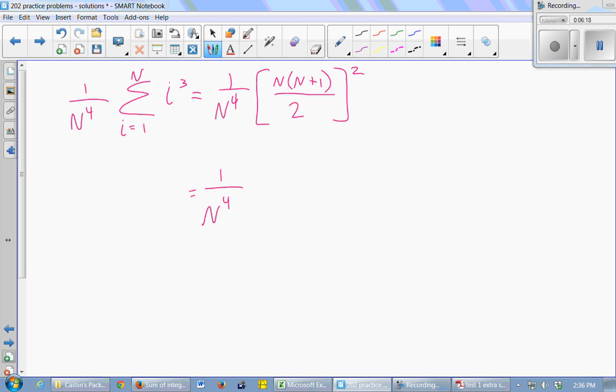So I'm going to do some algebraic manipulation here, and I have to square every single piece of this fraction. So I square the n and I get n squared. I square n plus 1 and I get n squared plus 2n plus 1, all over 2 squared, which is 4.